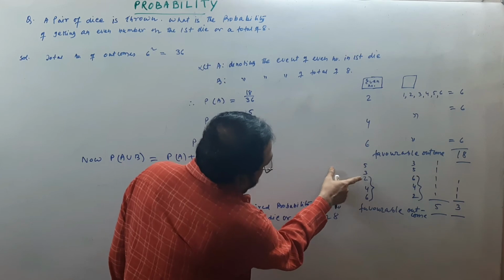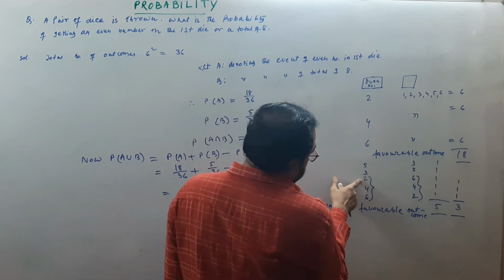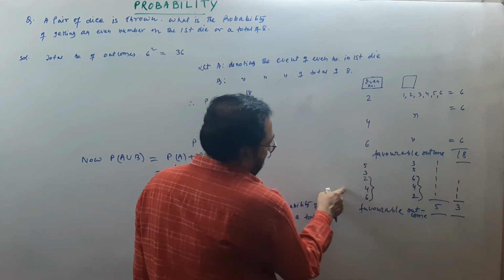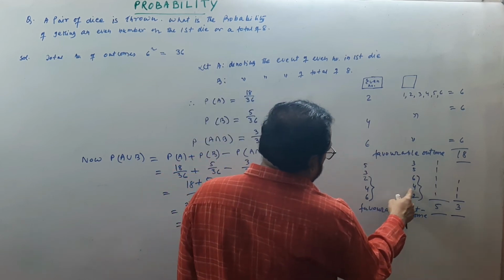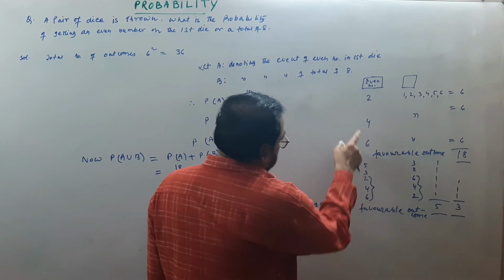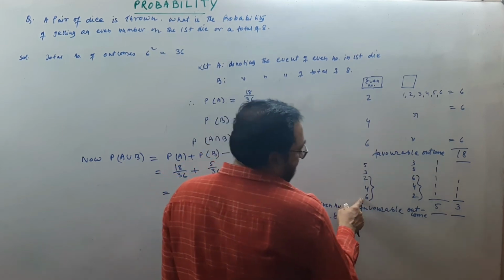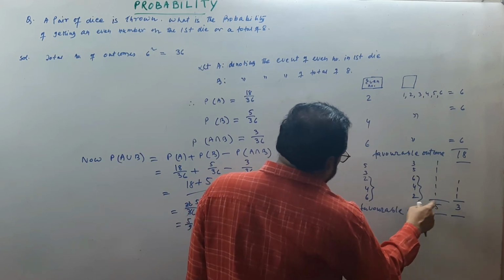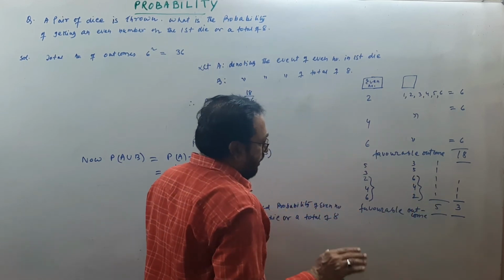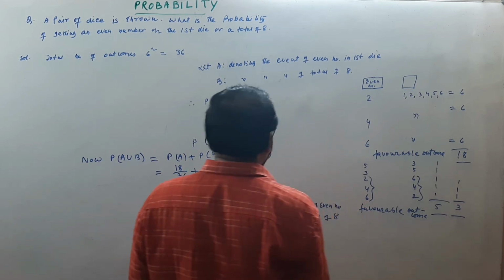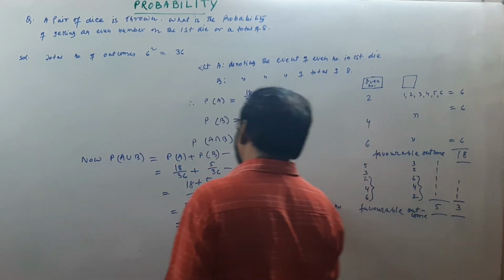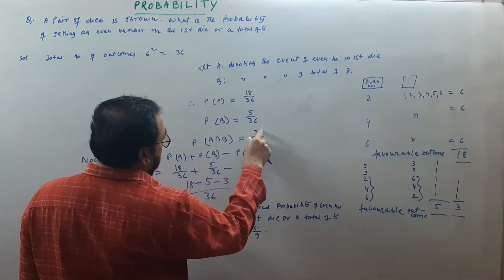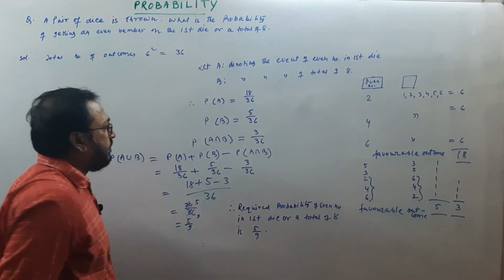That is, if 2 appears in the first die, then it must be 6 in the second die, and if 4 appears in the first die, it must appear in the second die also 4 to become 8, and if 6 appears in the first die, then 2 will appear in the second die to become 8. So the possible outcomes favorable to the event A intersection B would be 3. Therefore, P of A intersection B is 3 by 36, that is favorable outcomes 3 and total outcomes 36.